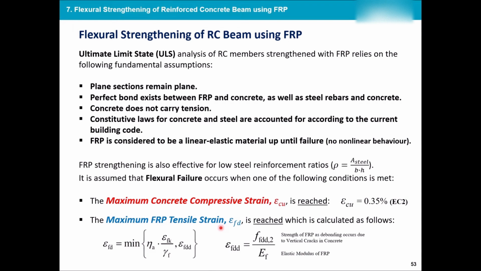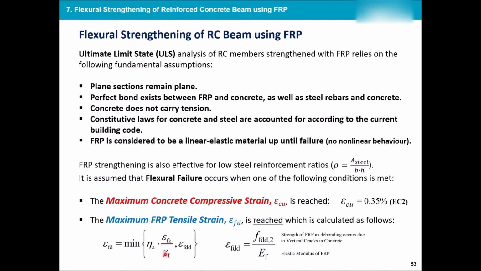So because we have a composite material which is concrete and is resisting in compression, either that strain has reached and my material has failed, or my FRP has reached this strain and it has failed. Just a few minutes ago, we were talking about how to calculate the strain of FRP.